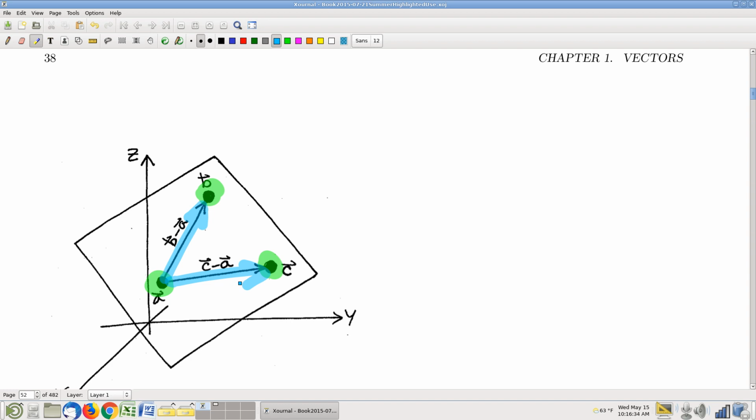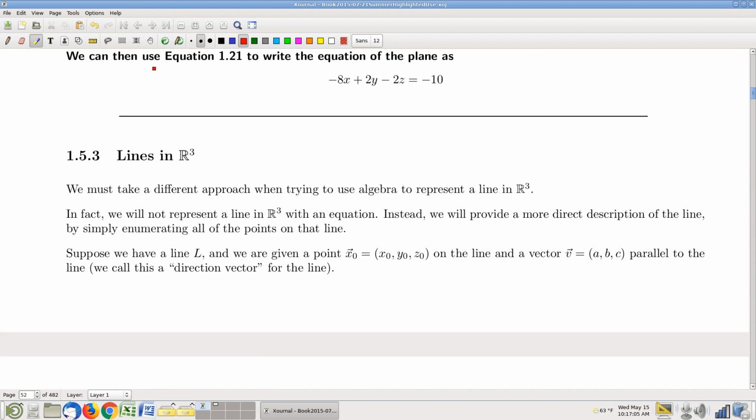Now I have 2 vectors parallel to the plane. With 2 vectors parallel to the plane, how would I find a vector perpendicular to the plane? Well, I need to find a vector that's perpendicular to both of the 2 input vectors. Where have I heard that phrase before? Cross product. Right? So we're going to compute what we can satisfactorily call a normal vector n by taking B minus A cross C minus A. So what we've got here, let me point to where we do that.